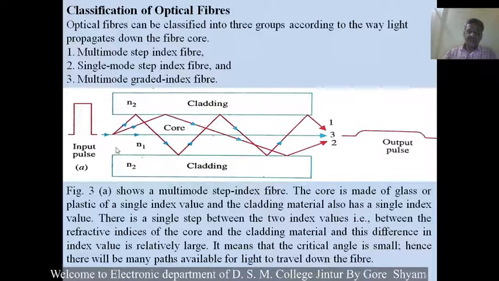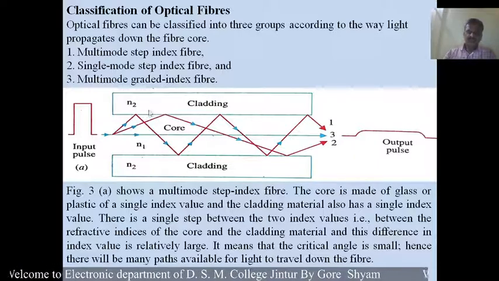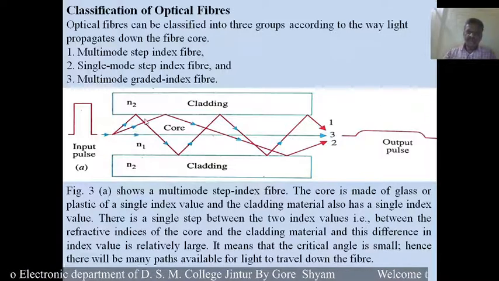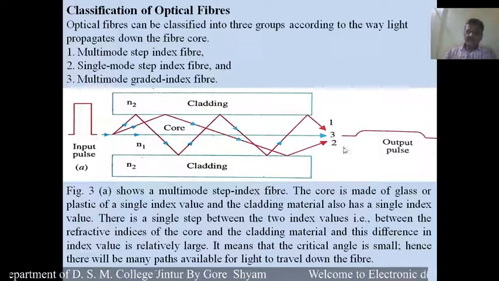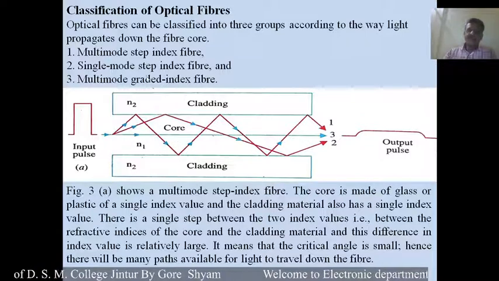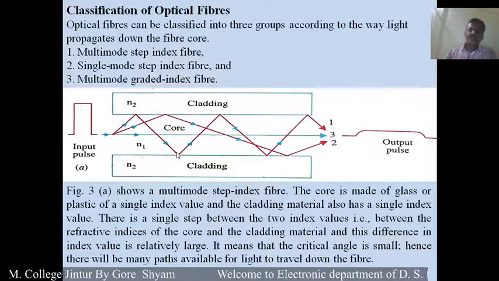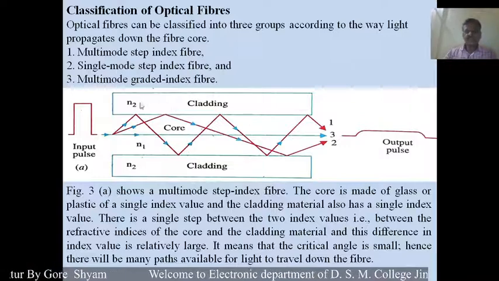As the name is multimode step index fiber, multimode means the number of paths for the light traveling from one end to the other end. And step index means, here index is the refractive index of the optical fiber.